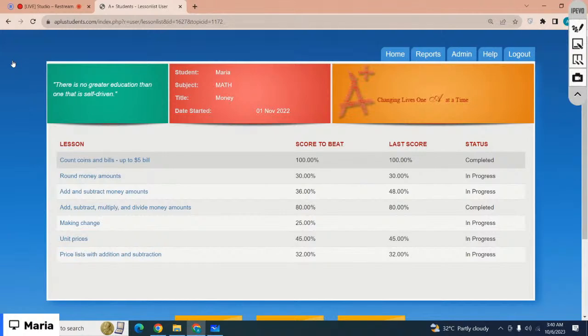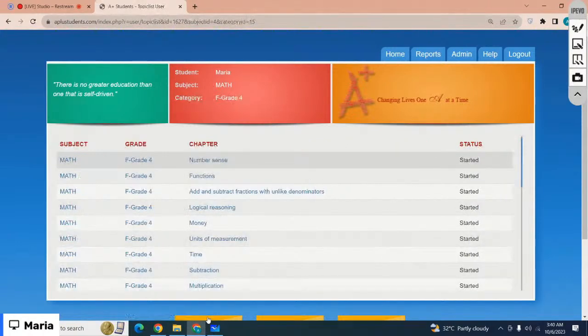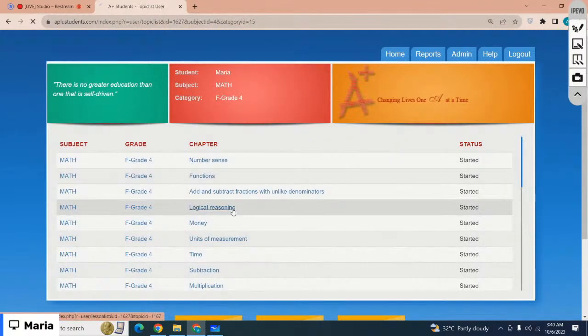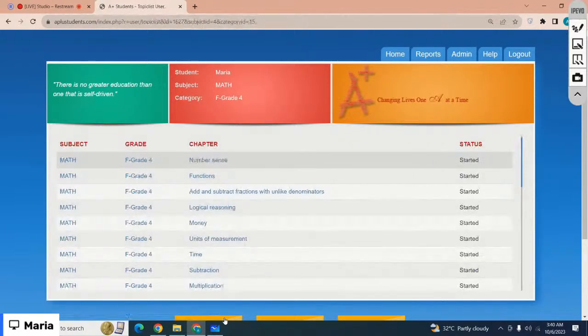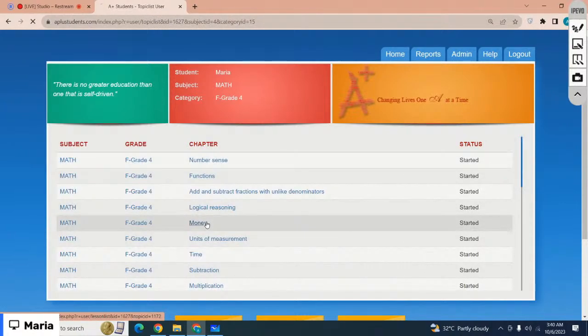From logical reasoning, the lessons we have covered are find two numbers based on sums, differences, products, and quotients. Then we did find the order. Then we started the chapter money, and the lesson we have covered from the chapter money is count the bills up to $5 and coins up to $5, right?